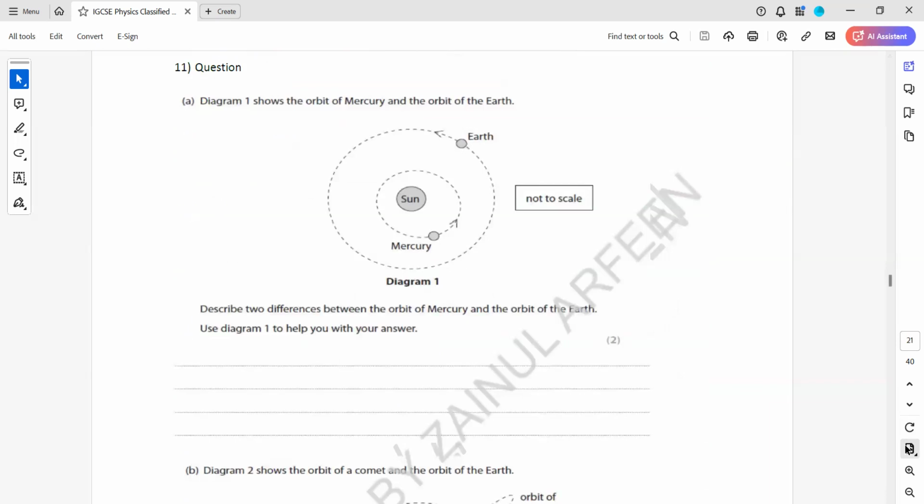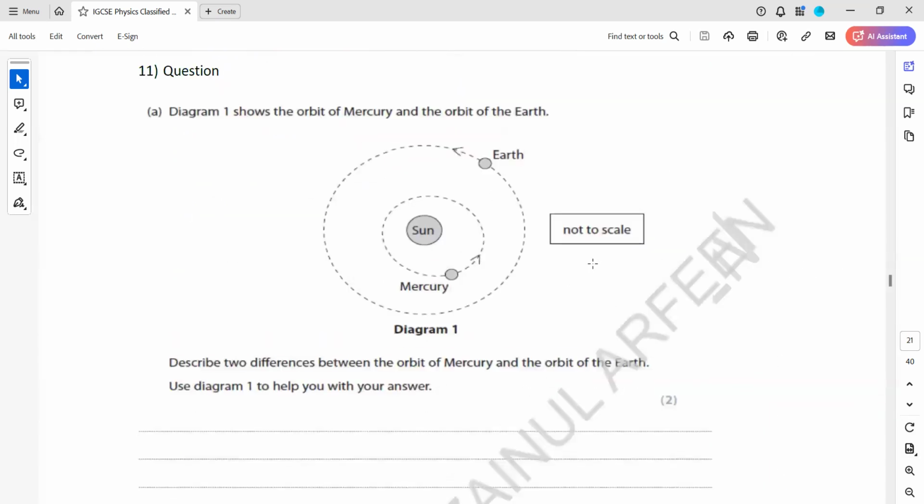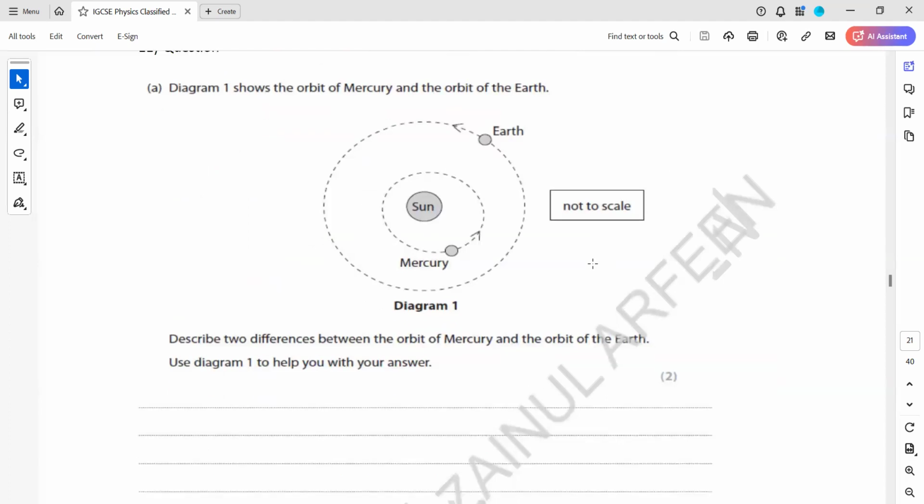In question 11, the diagram shows the orbit of Mercury and the orbit of the Earth. Describe two differences between the orbit of Mercury and the orbit of Earth. Use diagram 1 to help with your answer. What is the difference? Yes, orbital length, because the difference is in the orbit, so you will use orbital length.